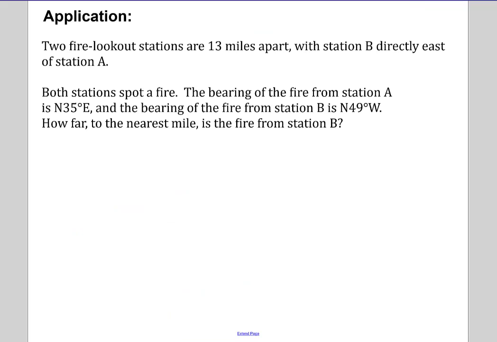And then our last problem is an application problem. We have a fire somewhere between two lookout stations. So I'm going to draw a little fire here. This is my fire, and that fire is happening between lookout station, I'll call that A, and lookout station, I'll call that B. They've told us that both stations spot the fire. And the bearing of the fire from A is north 35 degrees of east.